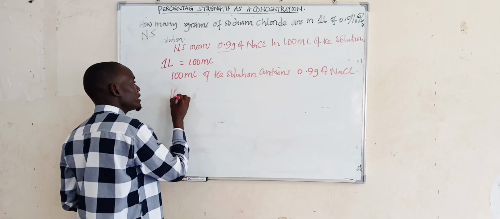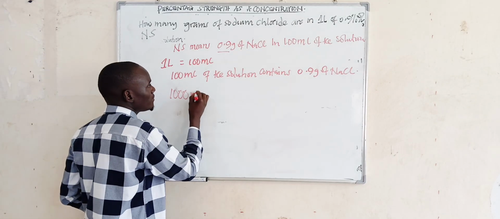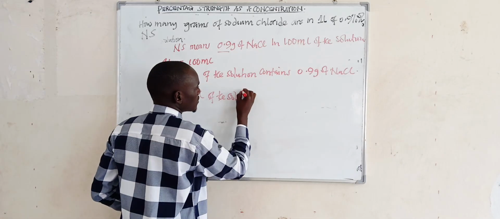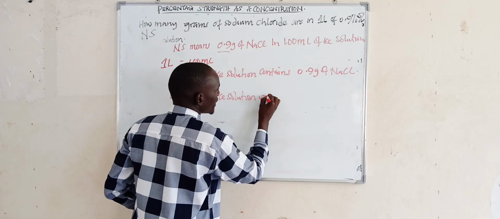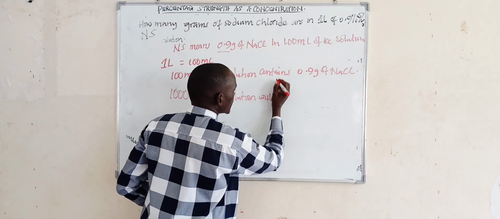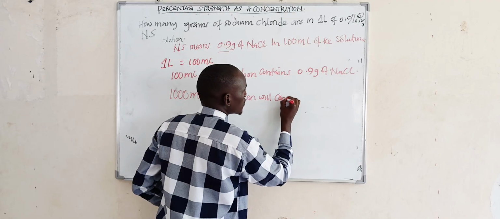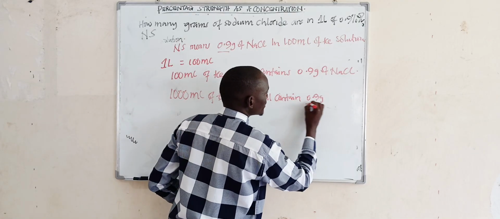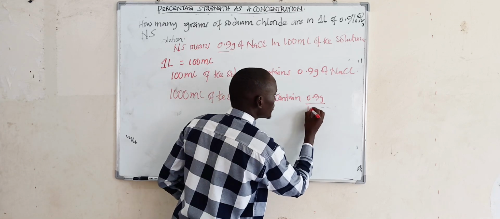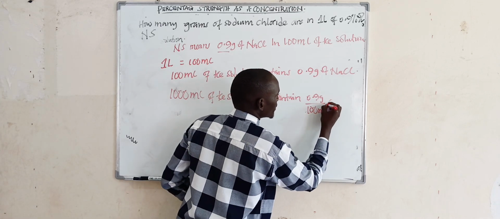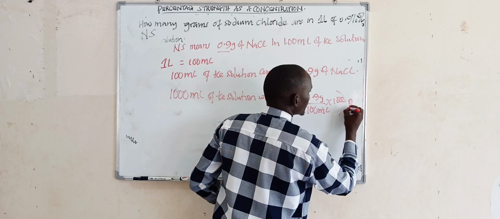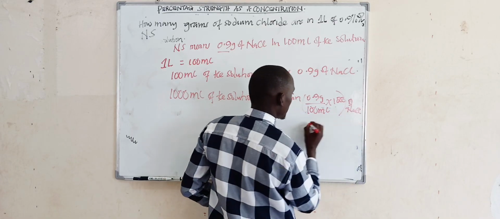How about 1,000 mils of the required solution? It will contain 0.9 grams over 100 mils times 1,000 of sodium chloride.